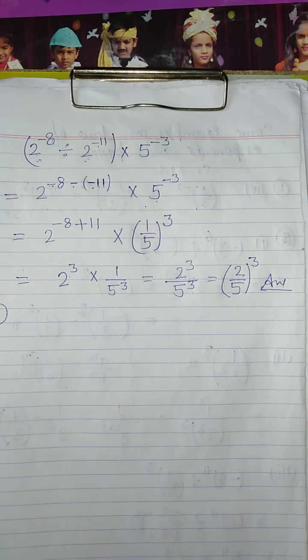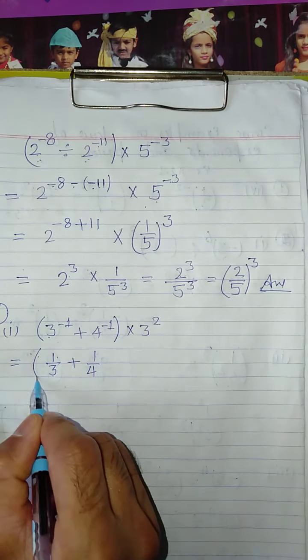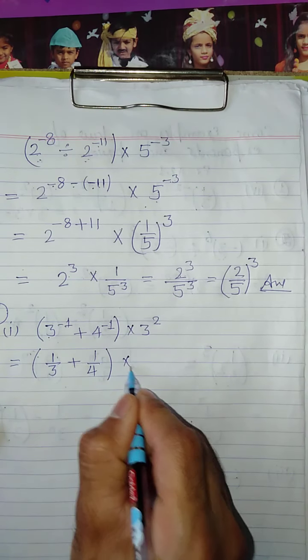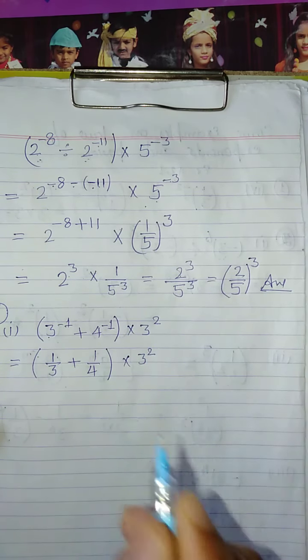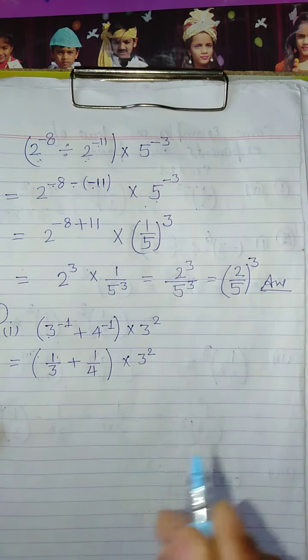Now according to law of exponent, or according to BODMAS rule, first we have to solve bracket. So in bracket this is negative power, so take reciprocal. This will be equal to 1 upon 3, power 1 is there only, plus 1 upon 4. 4 power 1 and 3 power 1, there is no difference in that. Okay, and multiply by 3 power 2, right?